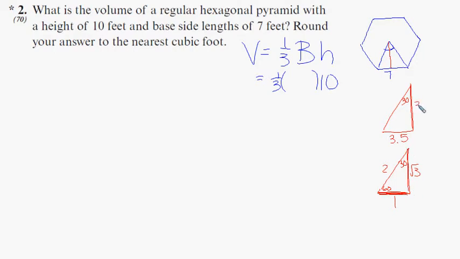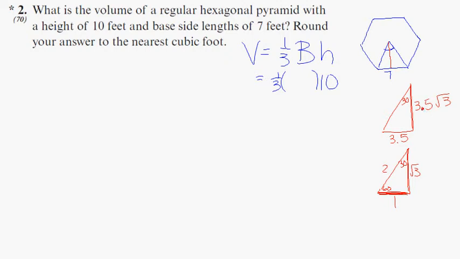So that means that we have 3.5 times the square root of 3. Now I know that form isn't real great, but that's no problem for now because we still have enough information that we can find the area of this hexagon.